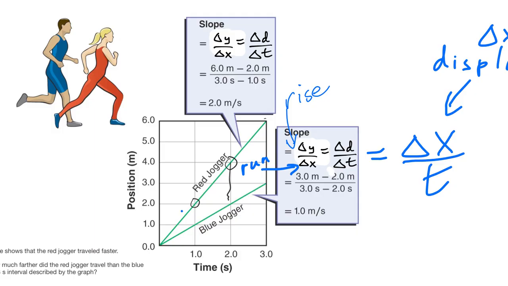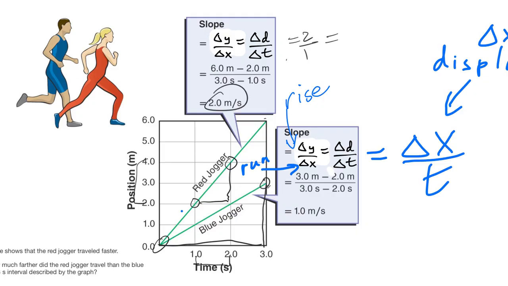So the rise over the run, 4 to 2, would be 2 over 1 to 2, 1. Or you can pick any box you want. And that's why I get 2 meters per second for the red jogger. For the blue jogger, do the same thing. It doesn't matter what size box you pick, because there's a corner there, so that'd be 3 over 3, which is 1.